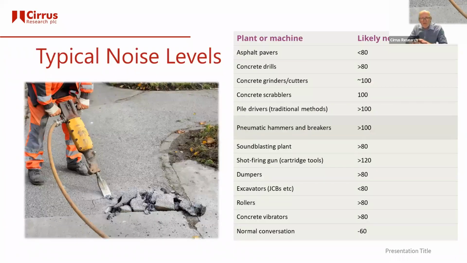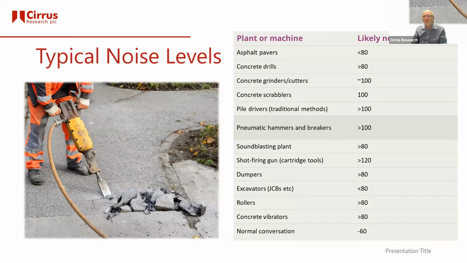So finally, on the noise side of this, we've just got some typical levels. It depends how far you're standing away from these things as to where you measure it. But I've done some measurements on breakers and things like this, and they're pretty loud. This noise is coming from absolutely everywhere, even something like air conditioning units on cabins.